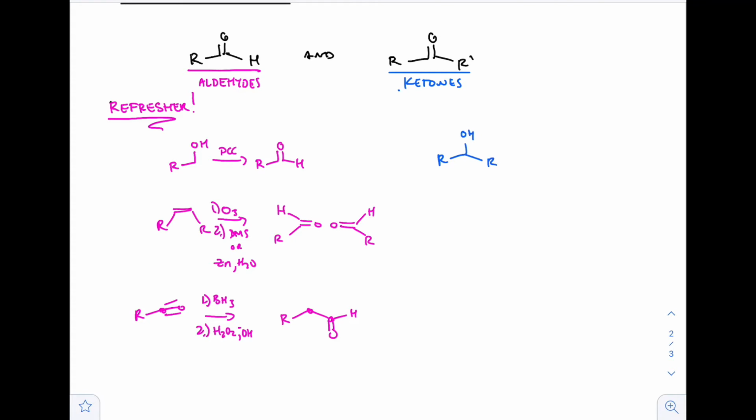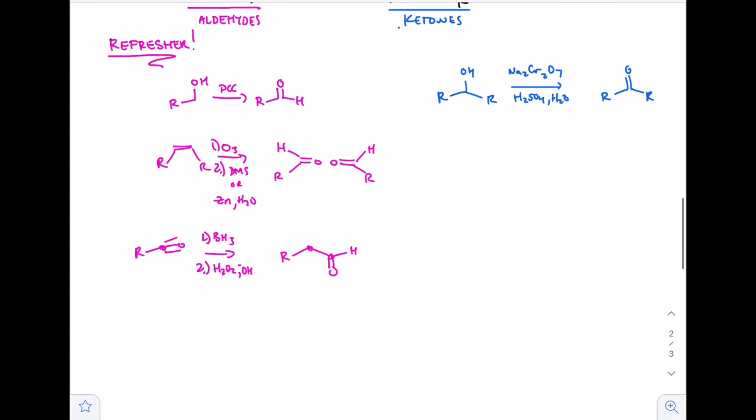Let's say we've got our ketones, right? How do we make those, Jess? Remember that time when we went over this? So we've got alcohol, hit that with a little chromium reagent, a little sulfuric acid and water, right? So that's sodium dichromate, of course. Get our ketone.